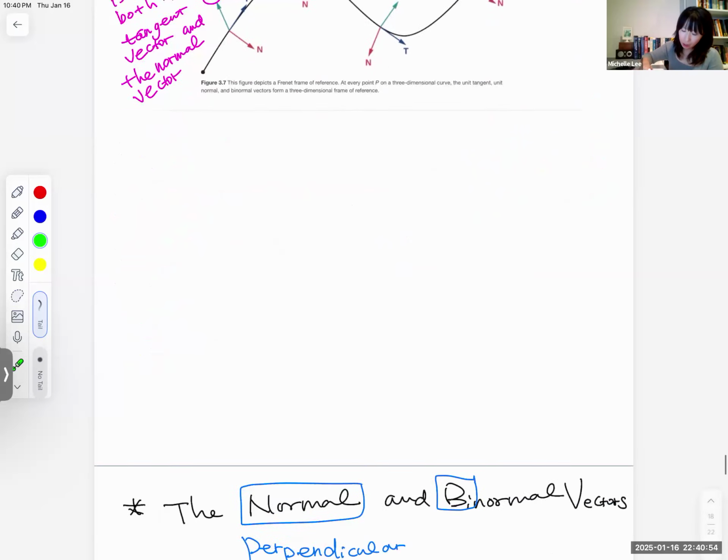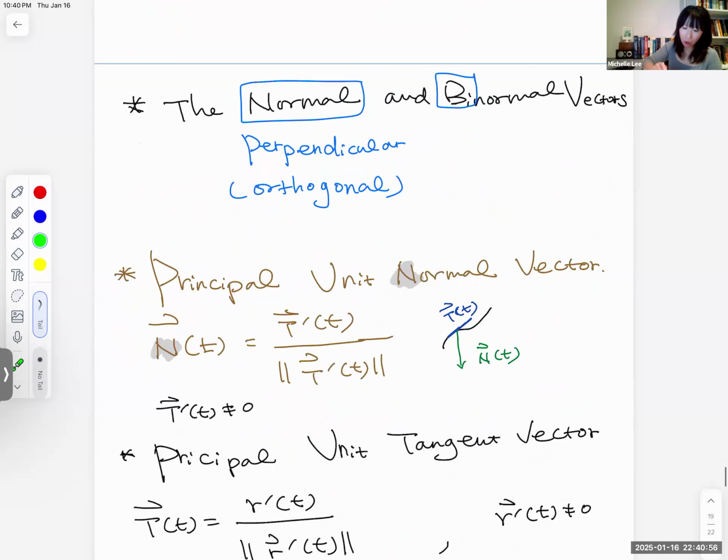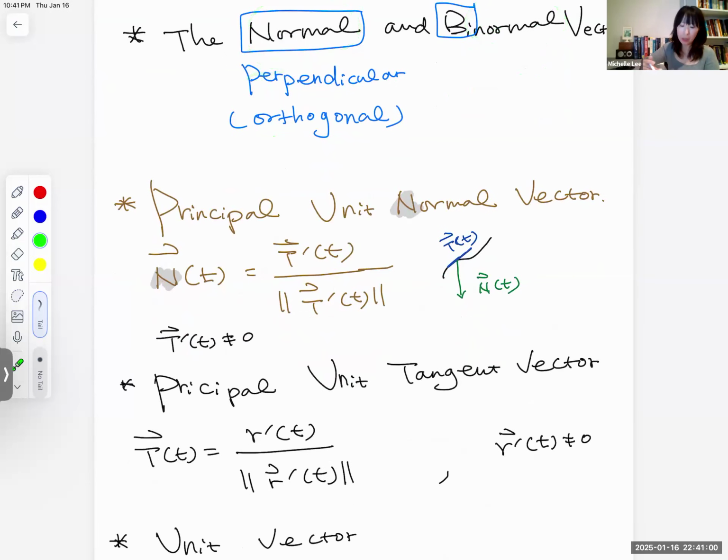Okay, so we have normal and binormal vectors. So there's a formula. How do you find the unit normal vector? Same as this, right? So think of a unit vector u, then vector v of t over the magnitude of vector v.